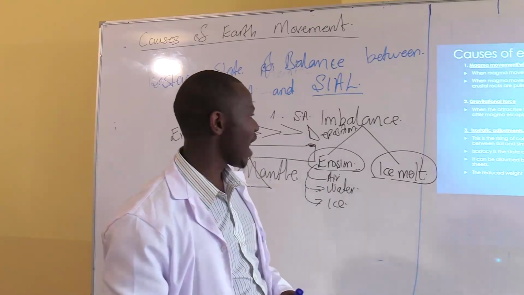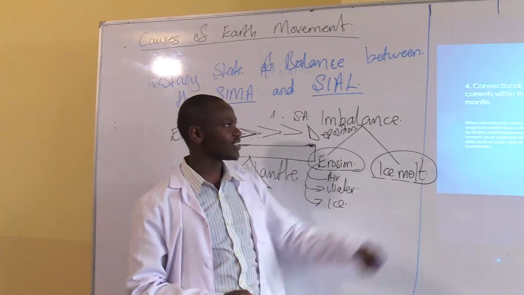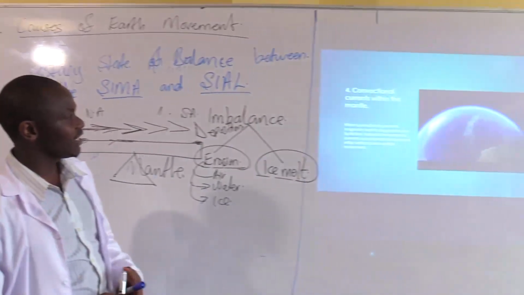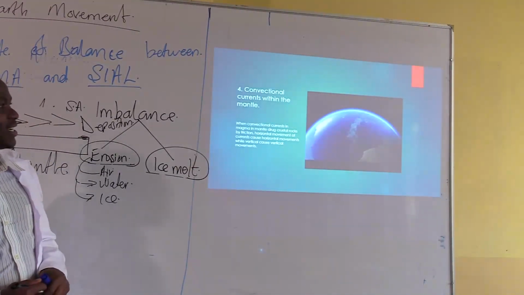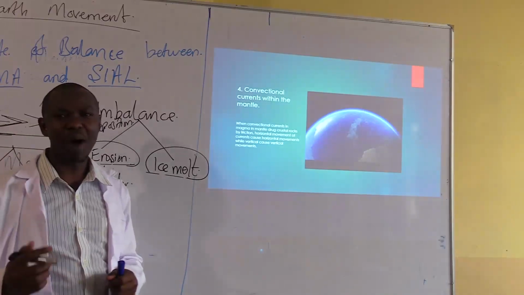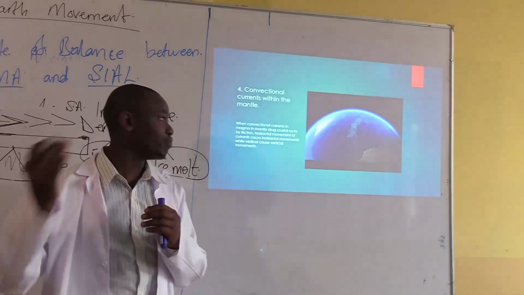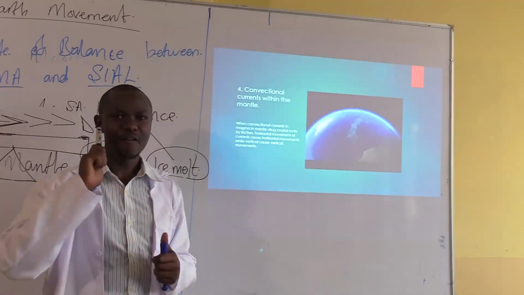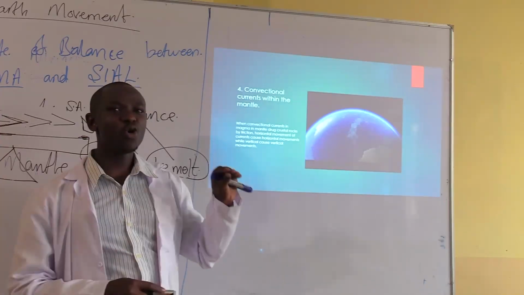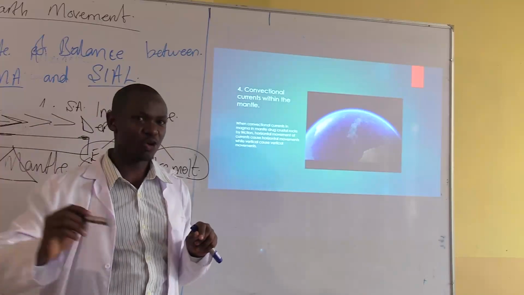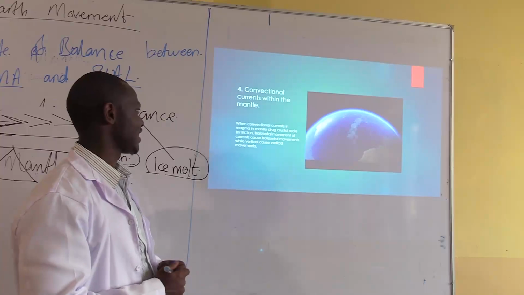The next one, we have convectional currents. As you can see here, convectional currents are within the mantle. We had said that the mantle is made up of magma, and magma is the semi-molten rock found beneath the crust. We said that it is very hot, and due to that, magma always moves in convectional currents, circular motions within the mantle.